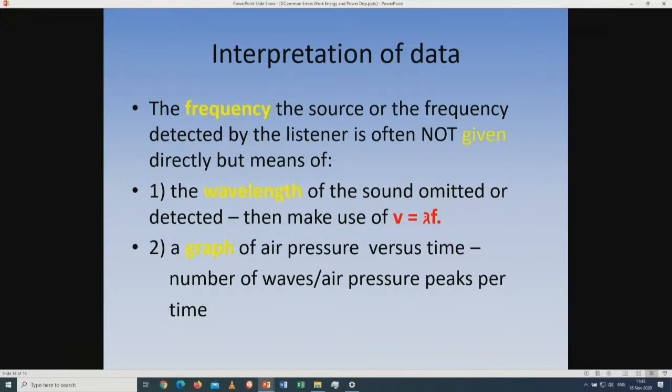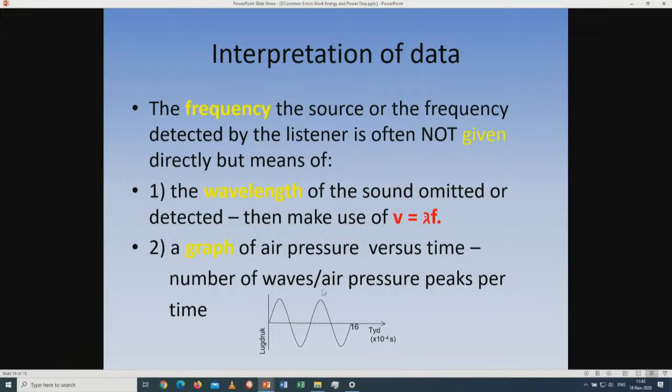They put the difficulty in the way they present the frequency, and in the last few papers there were instances where they make use of a graph of air pressure against time.